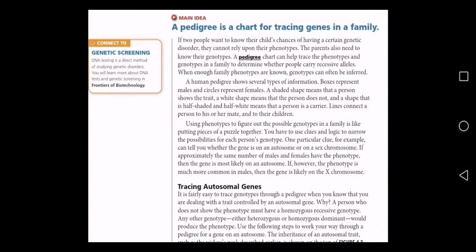Now, a human pedigree shows several types of information. It shows us a lot of information, as I explained. Boxes represent males and circles represent females.